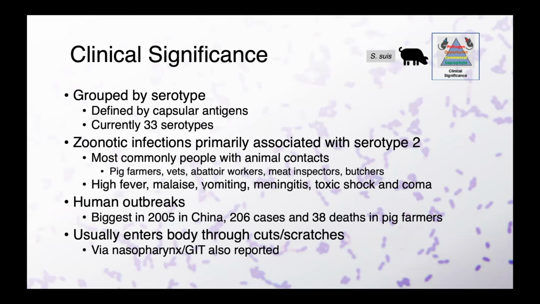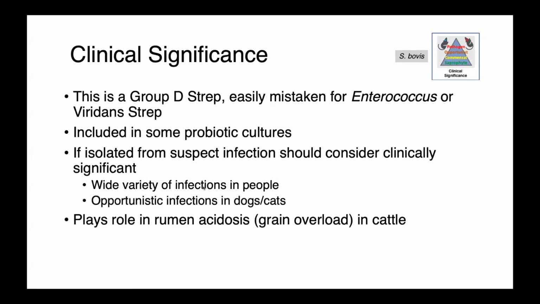There have been some big outbreaks of strep suis infections in people, with the biggest occurring in 2005 in China, involving 206 cases and 38 deaths among pig farmers. This organism usually enters the body through cuts and scratches, but entry through the nasopharynx or the gastrointestinal tract is also reported.